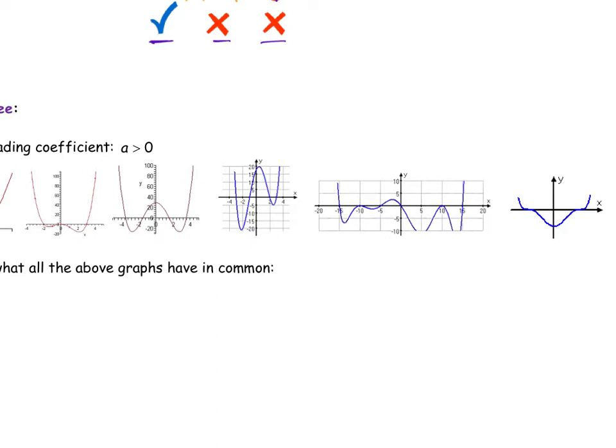Yes, that is true. But even if A was not greater than 0, they would all have positive and negative slopes. So that was great. And then the other one that was kind of vague, end behavior is infinite for both sides. So even if A was not greater than 0, the end behavior would be infinite for both sides.